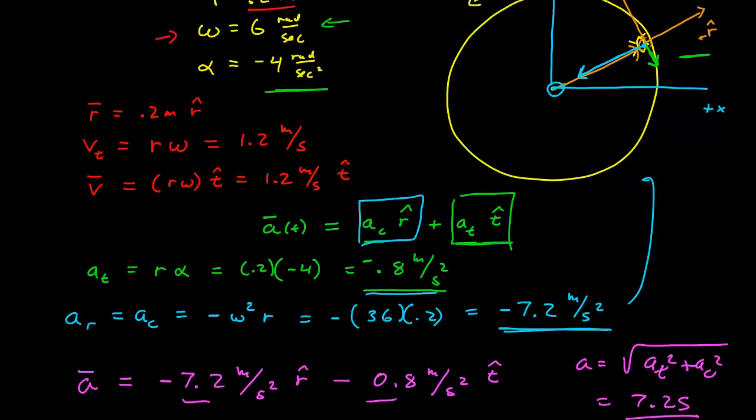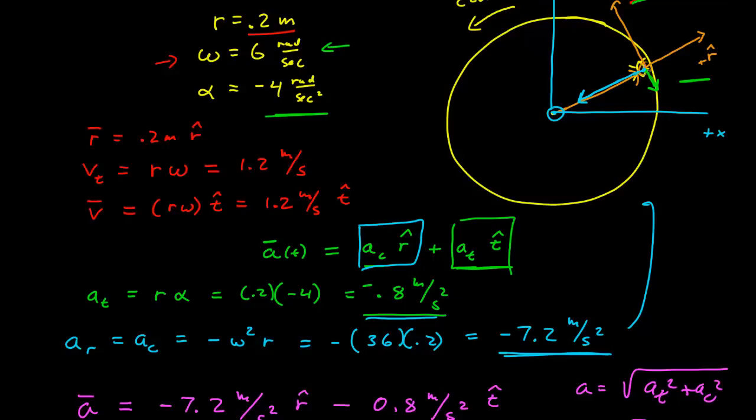It's much larger. And if I draw that here, it's going to be the sum of these two vectors, and slightly larger, in fact, than the radial component. And that is what the full acceleration vector looks like. It's the vector sum of the tangential plus the radial component.